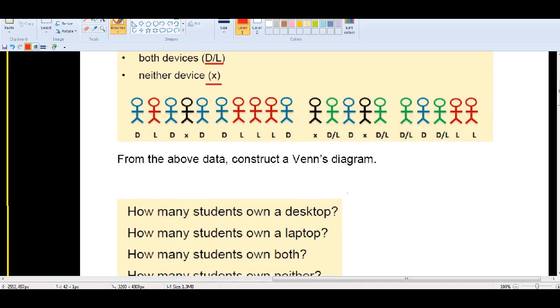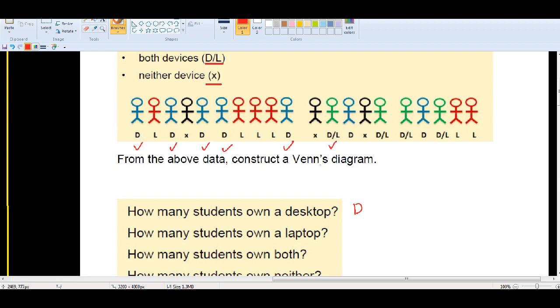So let's see how many students own a desktop. You need to look for D. Whenever you have a D, that means it should be included. How many of them? 1, 2, 3, 4, 5. How about DL?